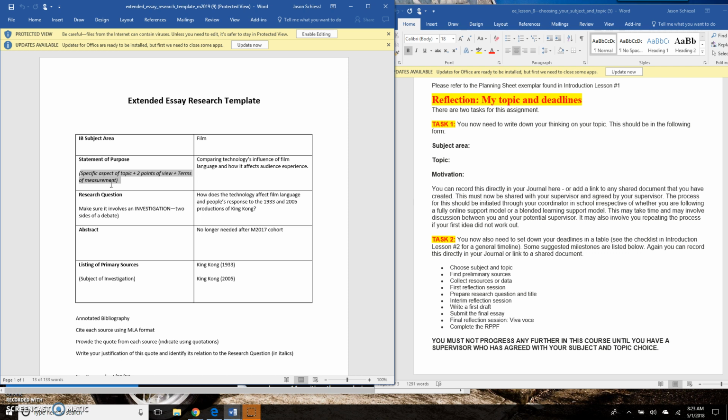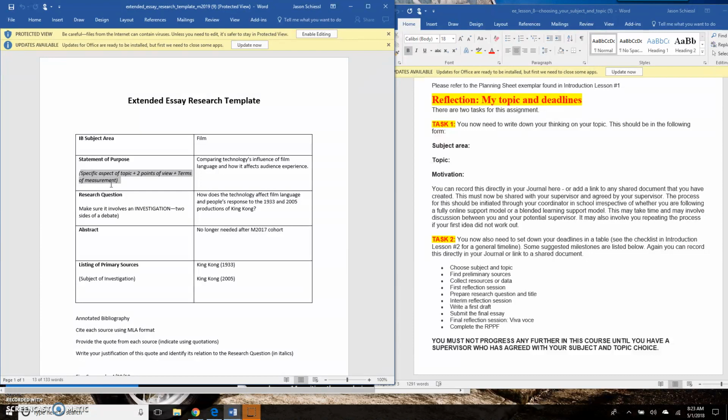Really stress that if they don't have an aspect of the topic, and they don't have 2 points of view, or they don't have a way to measure what they're analyzing, then it's not a good topic yet.